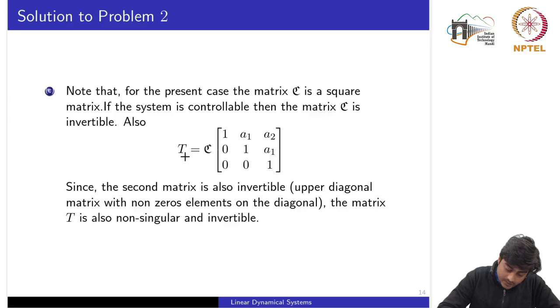So since T has been defined as this, if I want to compute the rank of this T matrix, so this C, if it is full rank or if the system is controllable, and this matrix being the upper triangular matrix would be non-singular as well. So definitely our T matrix would be a non-singular matrix if the system is controllable. If the system is not controllable, then we cannot ensure that T is a non-singular matrix. Okay.